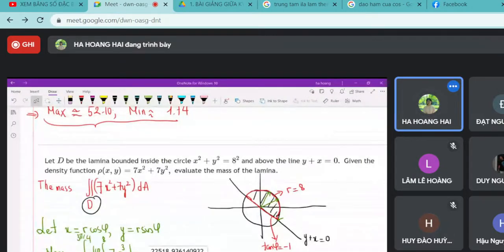First we have the integral from 0 to a of the function 7x cubed, and multiply with pi.